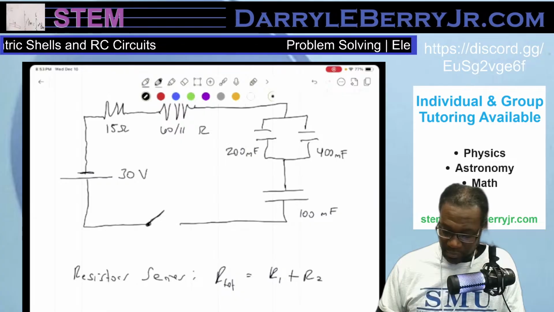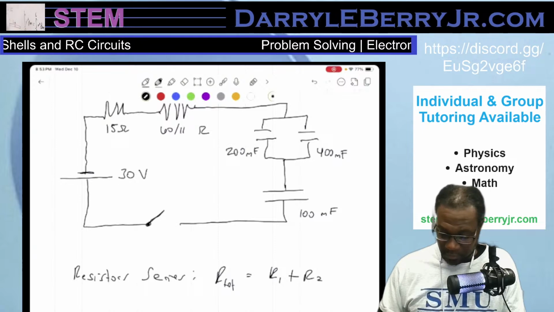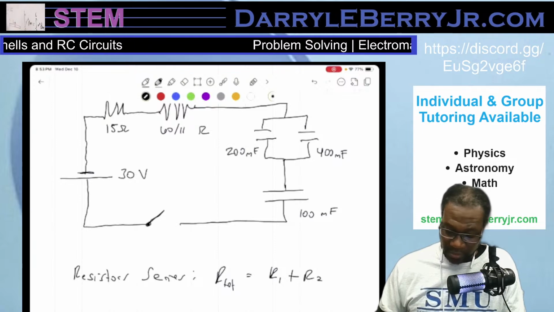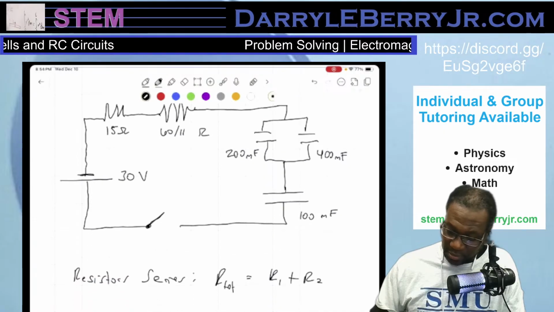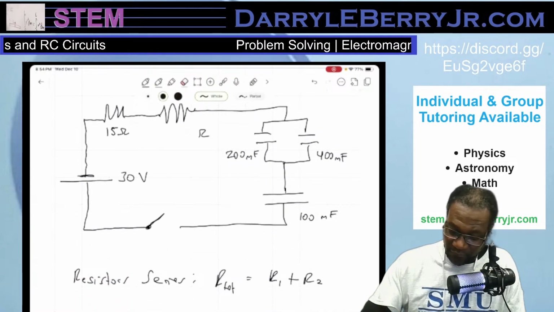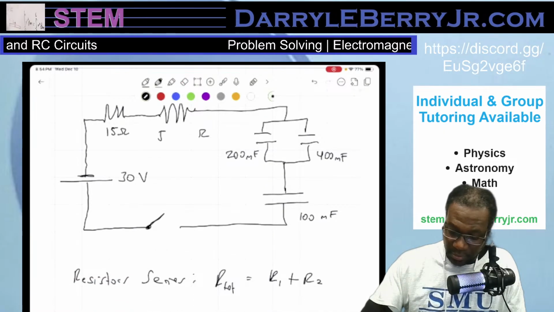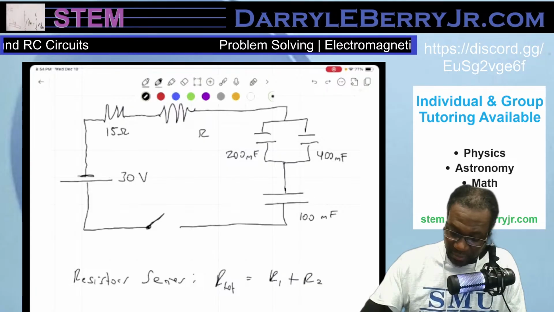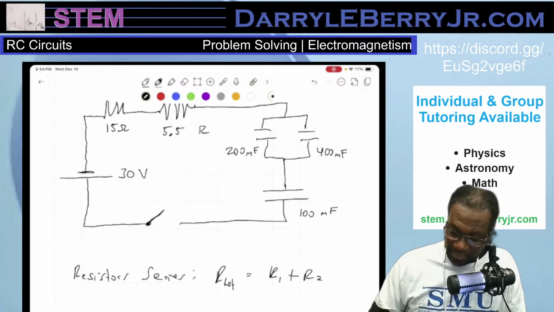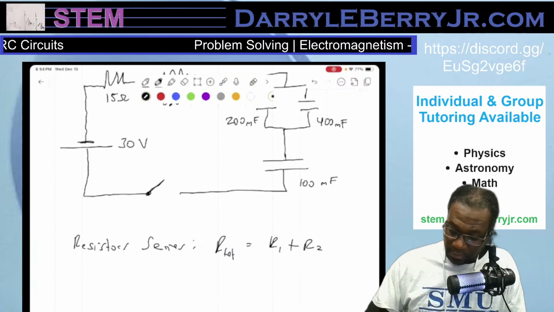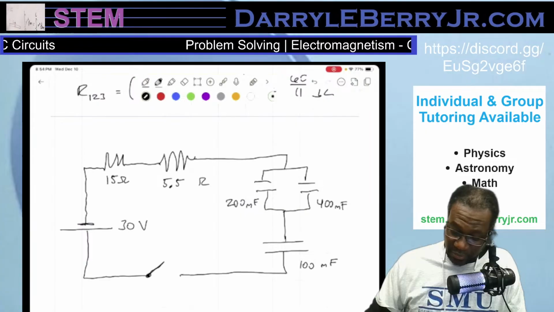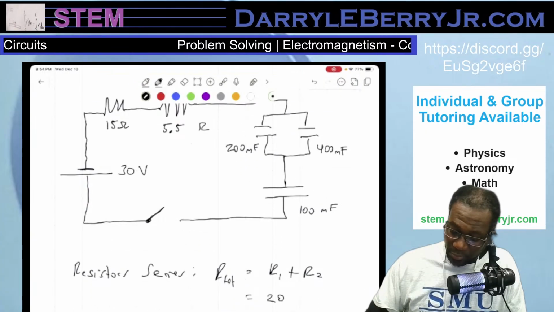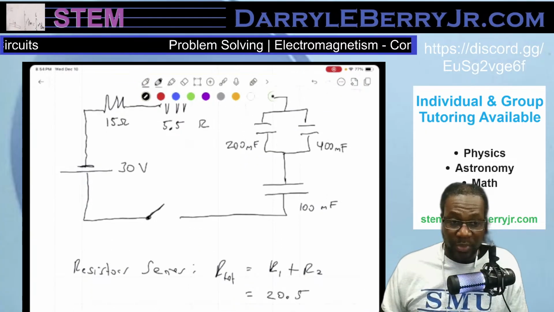I think it's easier to make that into a nice decimal. So that's actually 5.5. I'm rounding a little bit. It's 5.45, but it's 5.5. Right? So that means the R total is going to be, since those are my two, 20.5. Nice, almost round number.